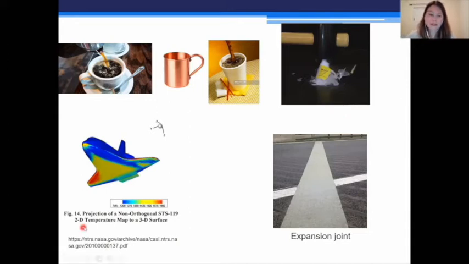Then the next example is the one of spacecraft. And so this simulation has been done by NASA that wanted to know what is the temperature experienced by each part of the spacecraft when it enters into the atmosphere. And so you can see that different parts of the aircraft will experience different temperature, and these temperatures are very high.